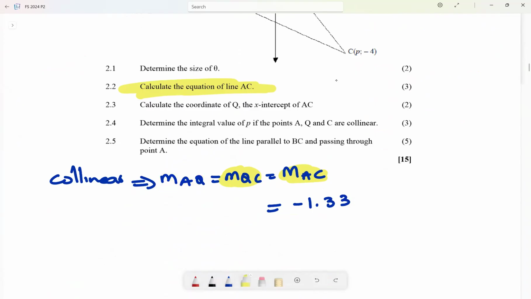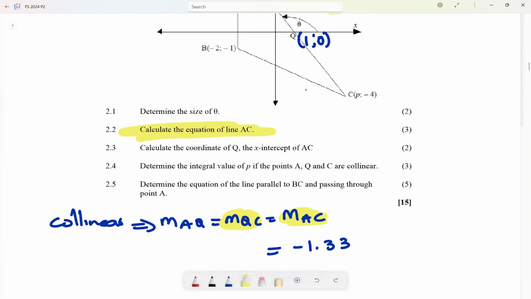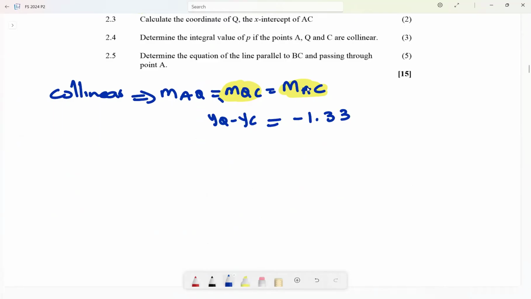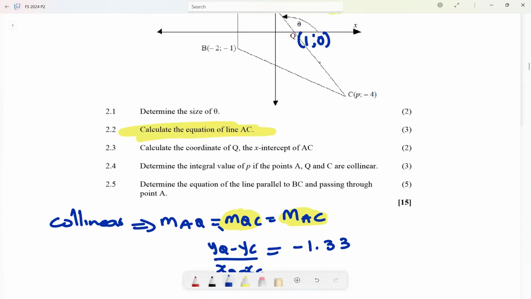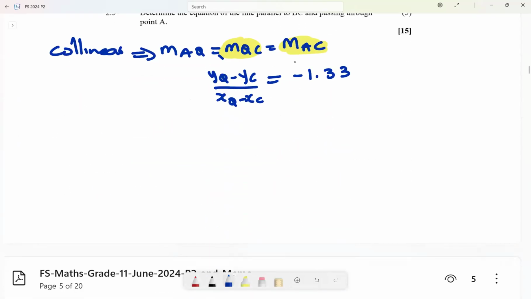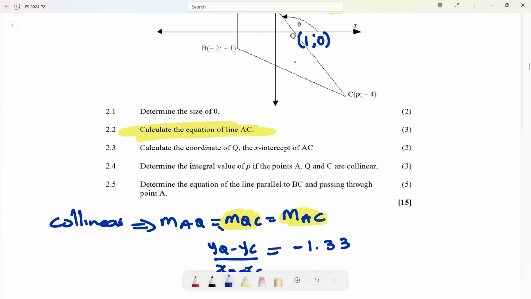So I'm going to use QC. Remember the gradient formula says y of Q minus y of C divided by x of Q minus x of C. I'm writing this formula, I'm reminding you every time. Now, y of Q is 0.